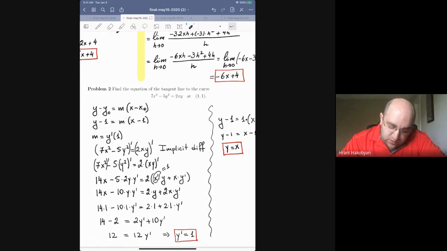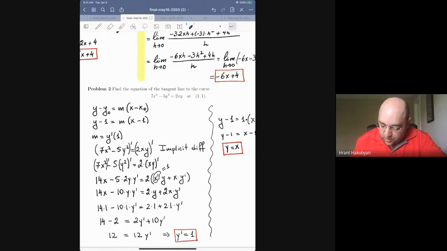To find the slope, we use implicit differentiation. So we write down this equation and differentiate both sides with respect to x. This part is just the regular power rule. Here I have to use the power rule together with the chain rule. And on the other side, I have to use the product rule.